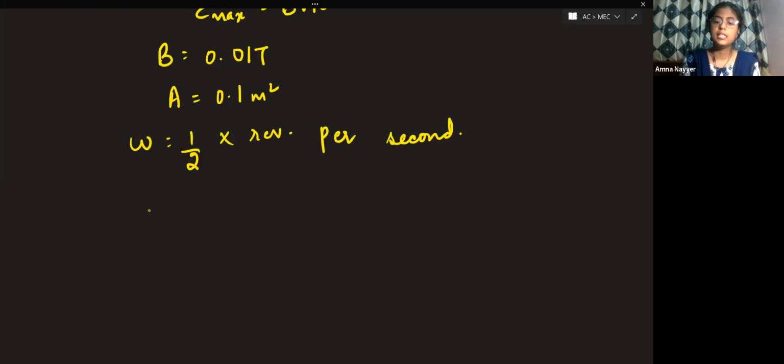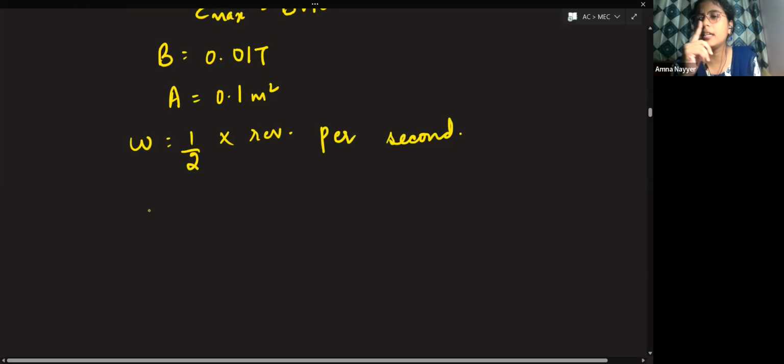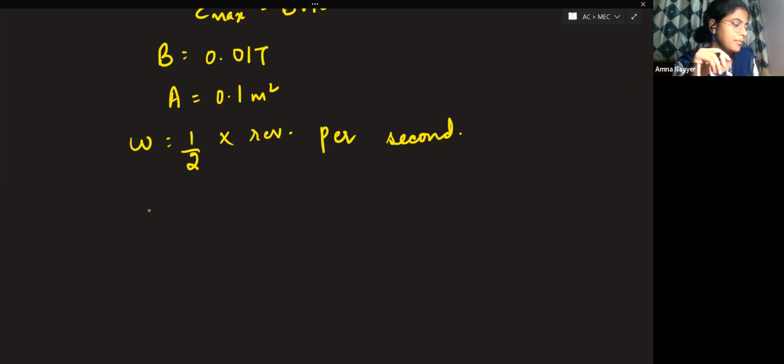What is one complete revolution? 360 degrees. If a coil starts rotating and ultimately reaches this position back, then it has completed the angle of a complete circle, which is 360 degrees.